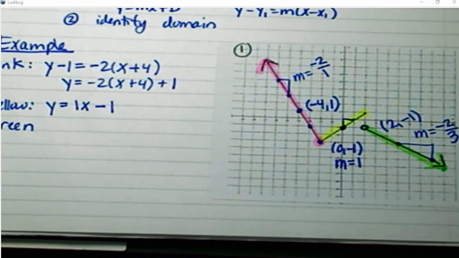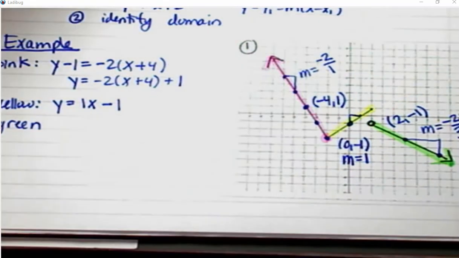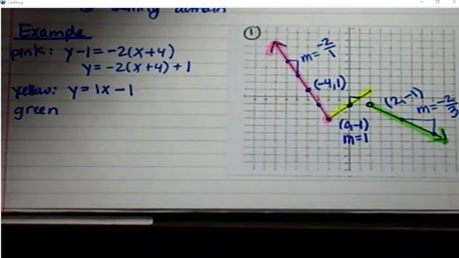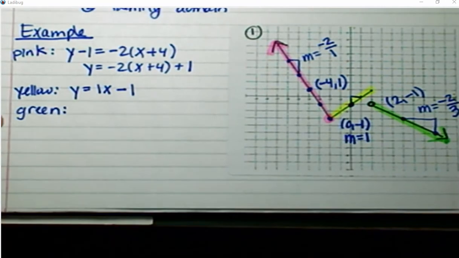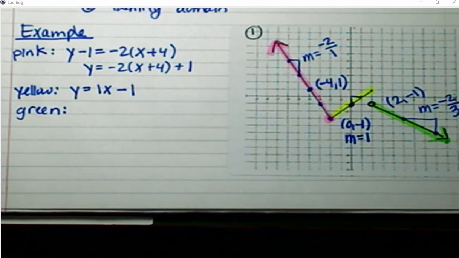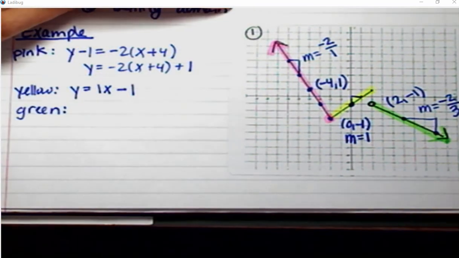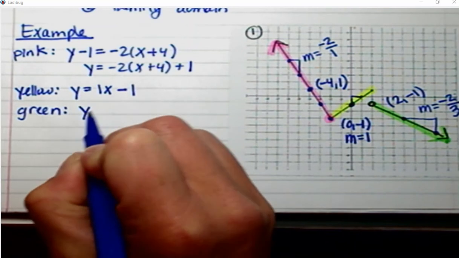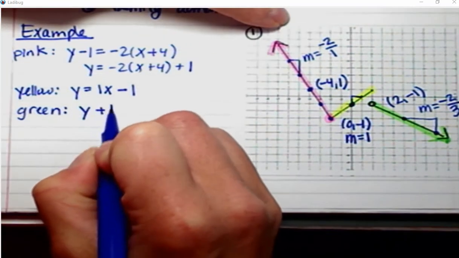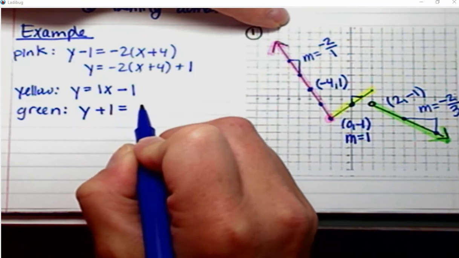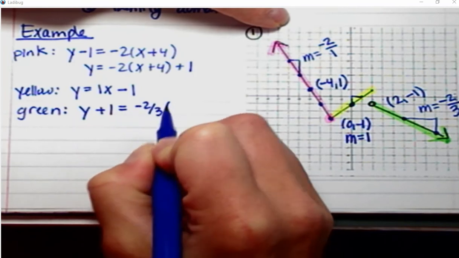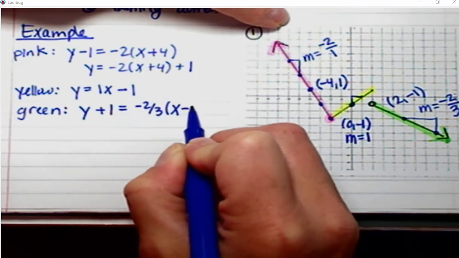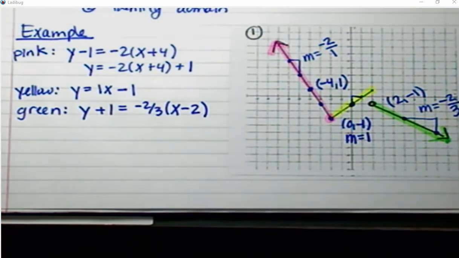Right, so now I'm going to put those two pieces together and write the equation of the green line. This time, because I can't see the y-intercept, I'm just going to do the point-slope form. y minus y1 equals slope times x minus x1.